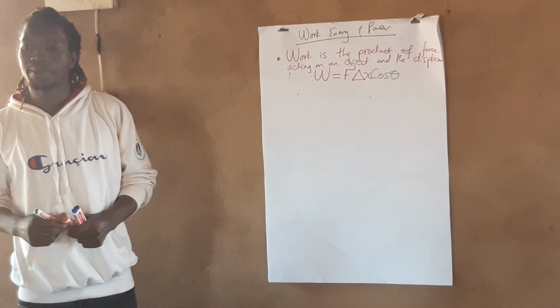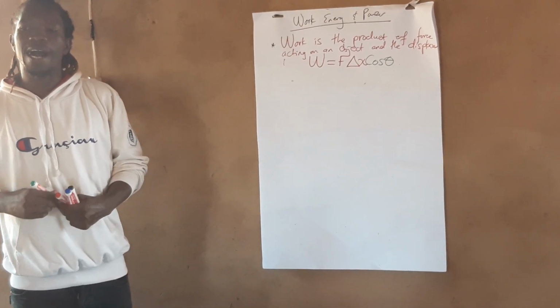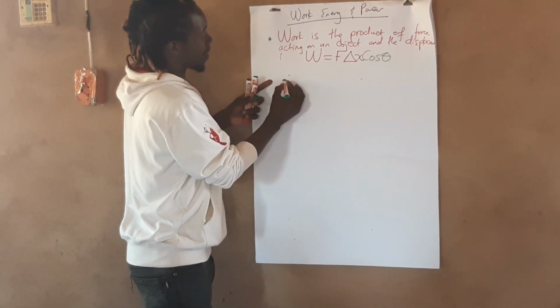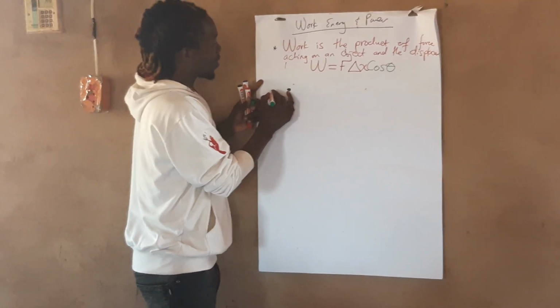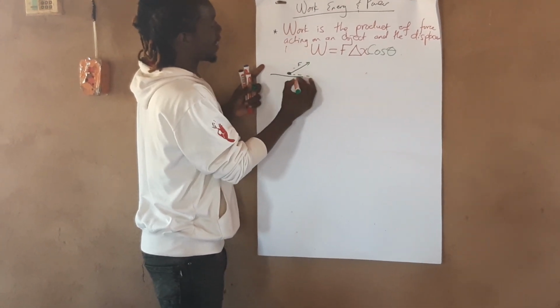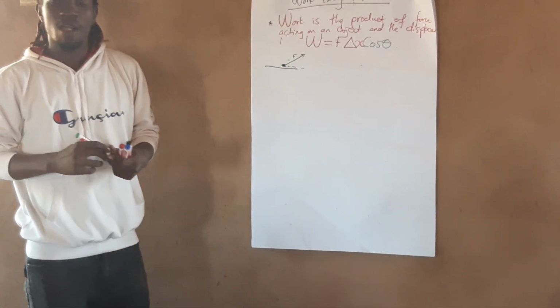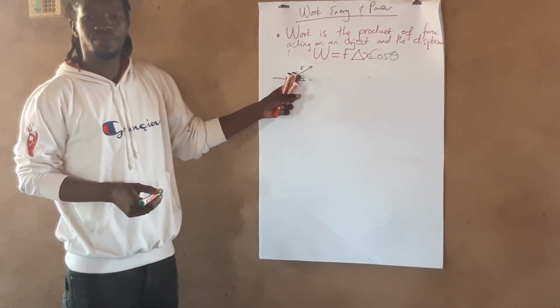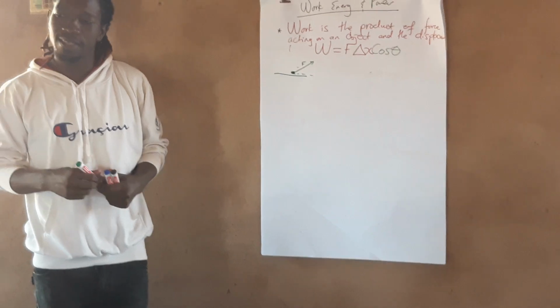So I'll tell you this. No matter if they give you that this object is like this, maybe on a flat plane and then it is being acted upon by this force like this, making an angle with the horizontal, because this formula says you must put that angle here. So what I'm going to tell you is this.